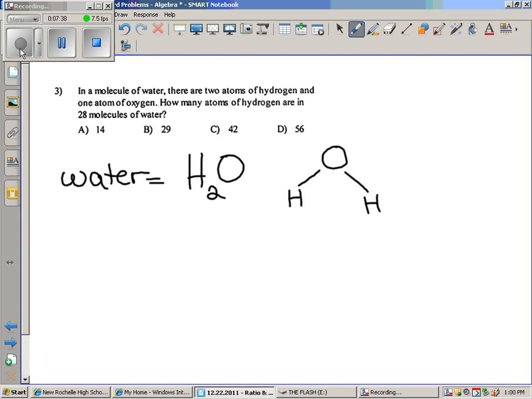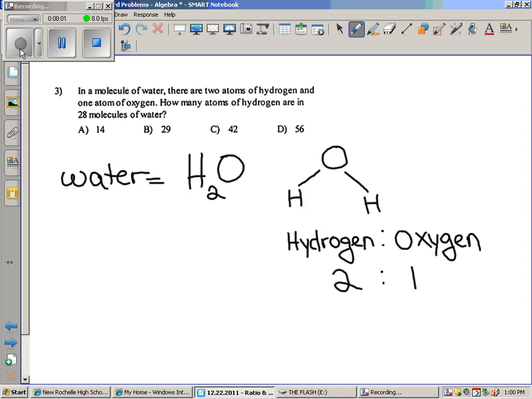Here's what a water molecule looks like. 1 oxygen and 2 hydrogens. So let's talk about this for a minute. What's the ratio of hydrogen to oxygen? The ratio of hydrogen to oxygen is 2 to 1.